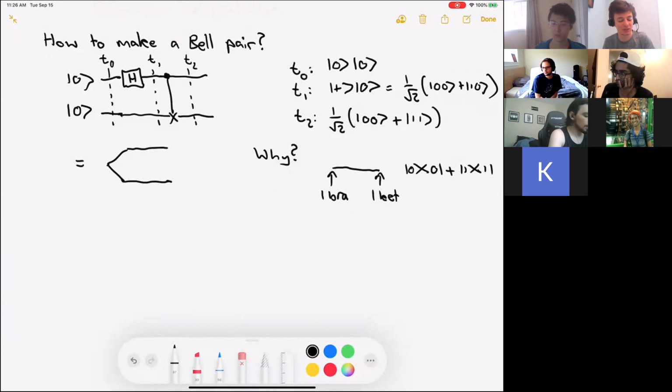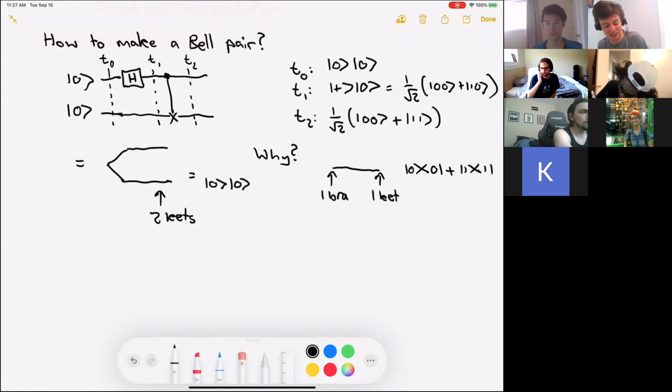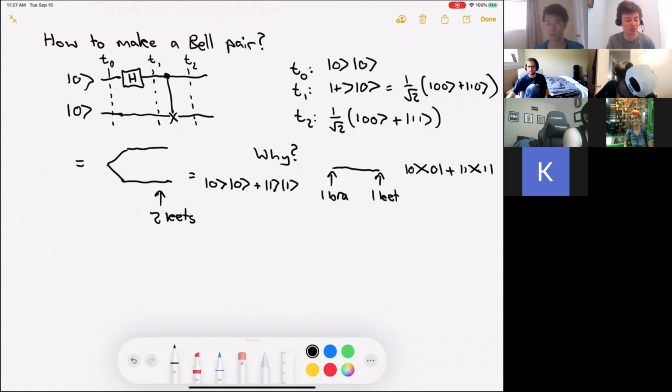Now we've bent the line round so that it now has 2 kets. So we interpret that, and again, this is just convention, as we turn round the bra part of the state, so it becomes 0, 0 plus 1, 1, i.e. a Bell state. Okay, so that's just the reasoning behind that notation, but it really is just a convention that we use to represent a Bell state.